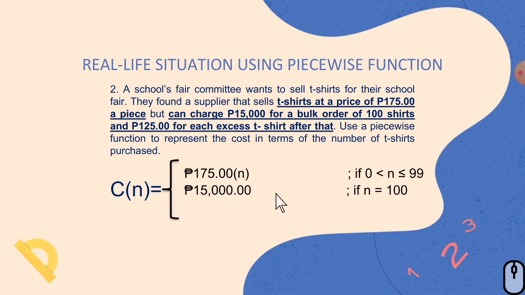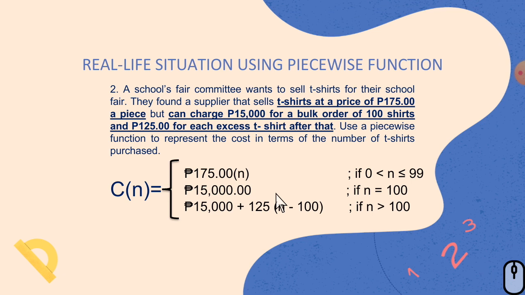Next condition is the 15,000 plus 125 times n minus 100 if n is greater than 100. So bakit naman ganito yung ating third example or function?